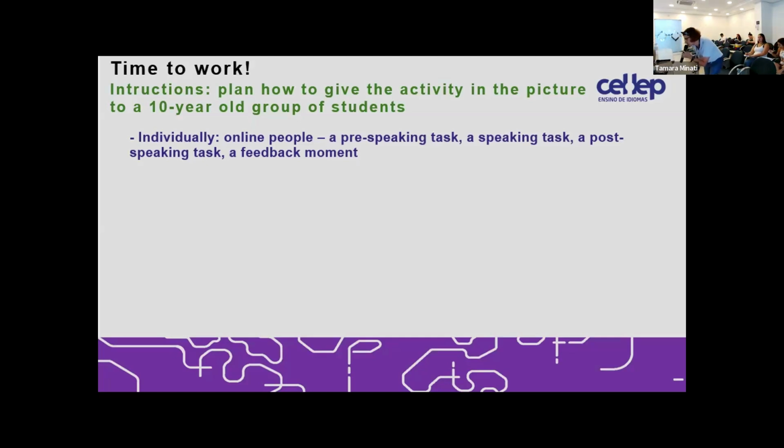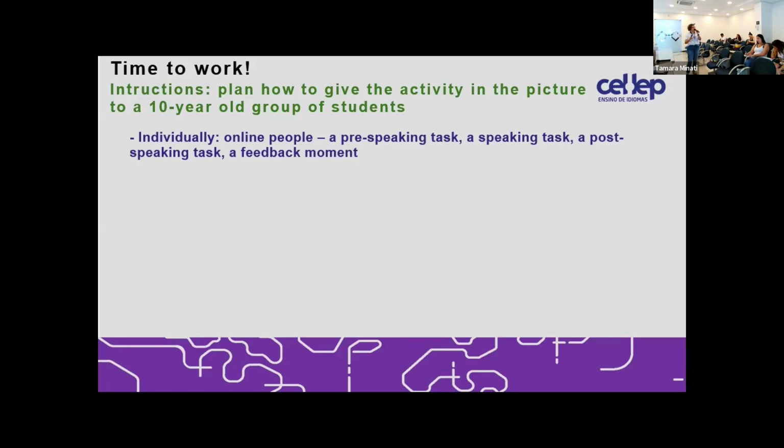Anyone else? Warm-up activity, Regina said. Paulo said a warm-up to review vocab. So we have some possibilities. We can contextualize what we are talking about. We can have a warm-up. There are lots of things we can do. So you are going to think about the pre-speaking task.